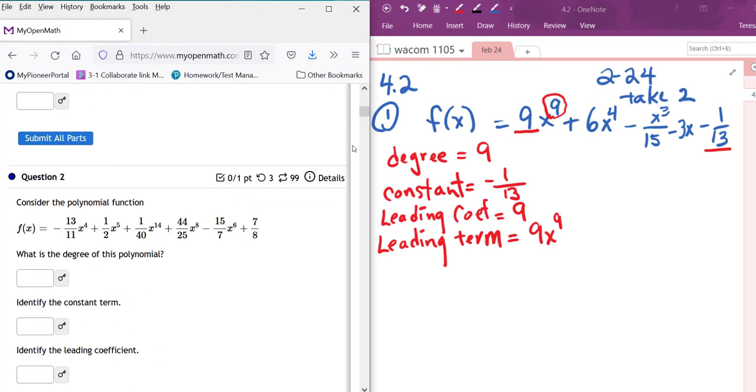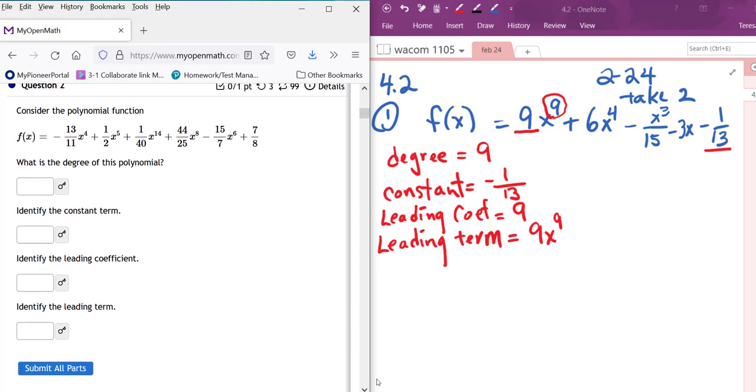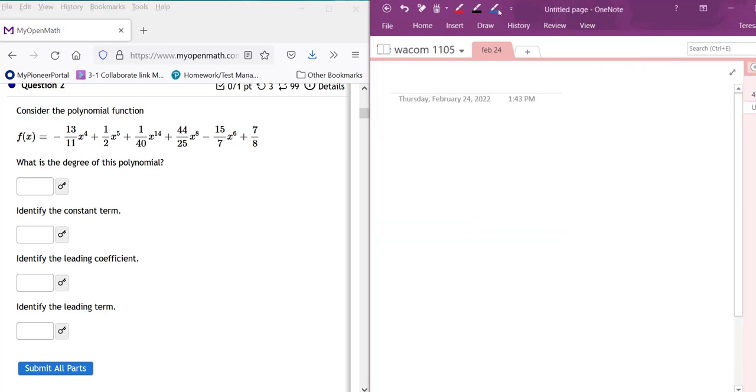For question 2, it's the same kind. Question 2 is not in descending order. So the main thing would be just change the order and put in descending order.